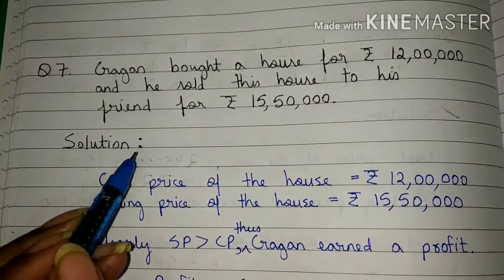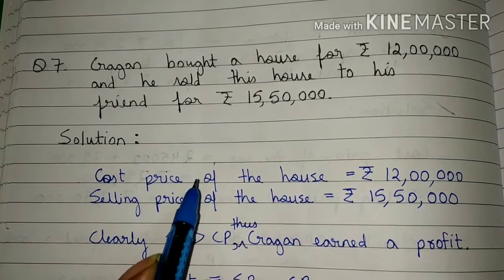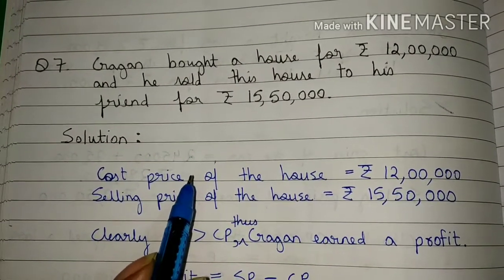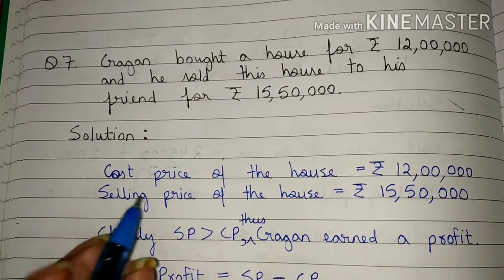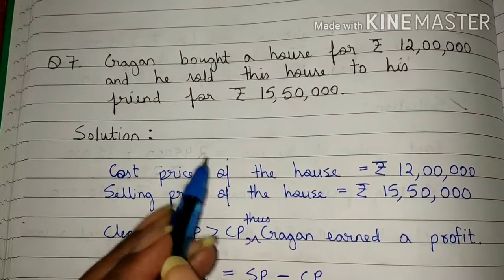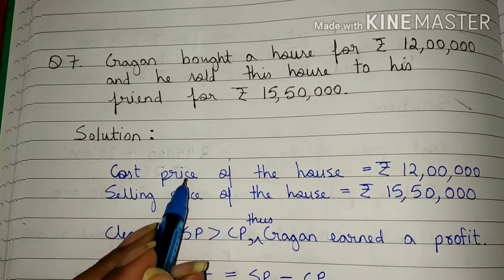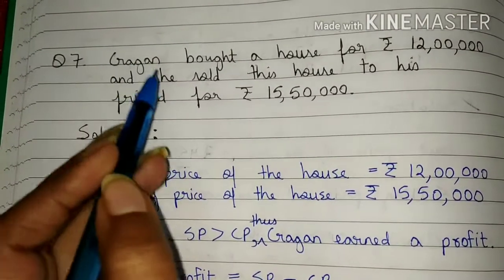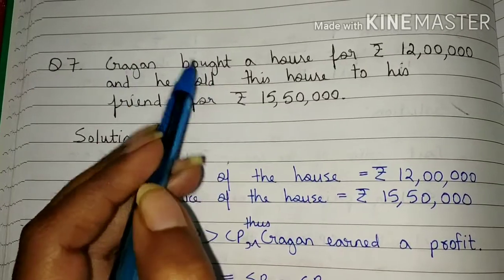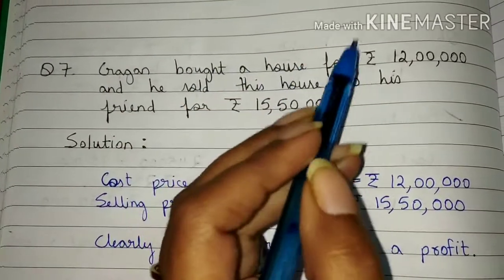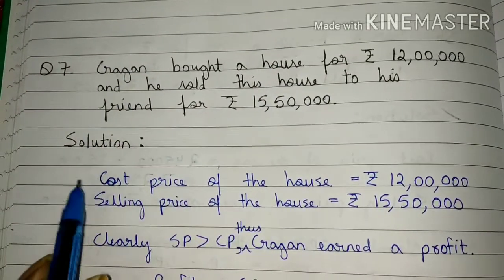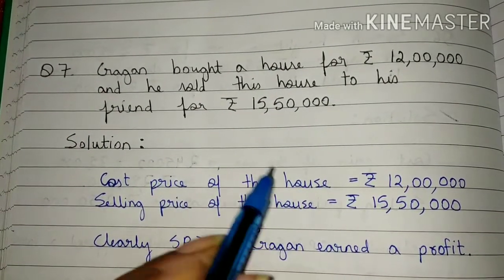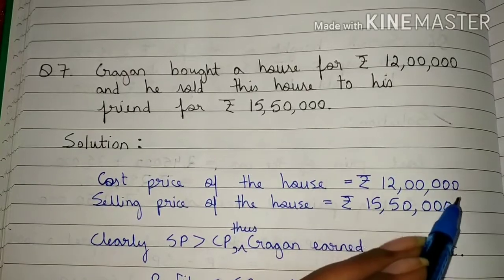Students, now come to the solution. First of all, you have to write the statement like this. We know that cost price is the price at which a person buys something. In this statement, Gagan purchased a house for rupees 12 lakh. So for Gagan, the cost price of the house is rupees 12 lakh.